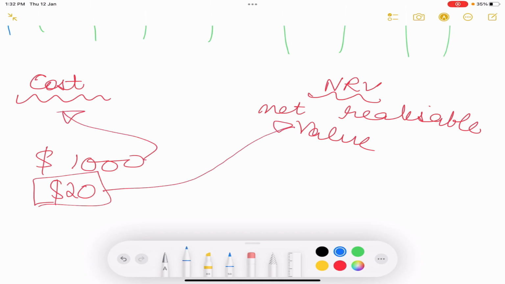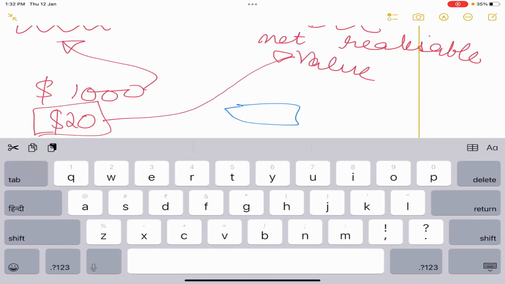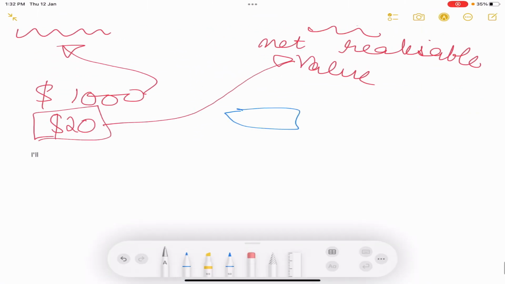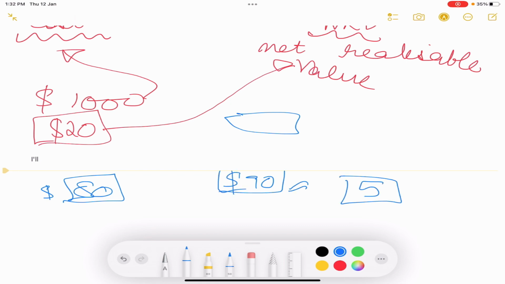Okay. And do you recall the concept wherein we discussed that if my asset was bought for $80, I can sell it for $90, provided if I want to sell it for $90, I need to get a repair of 5.